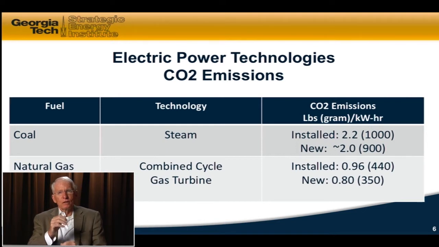As you can see, the carbon emissions from the natural gas combined cycle gas turbine plants is less than half of what it is for coal, both for the installed and the new. It's about 0.96 pounds per kilowatt hour, or 440 grams per kilowatt hour, and the new is about 0.8 pounds per kilowatt hour, or 350 grams per kilowatt hour.